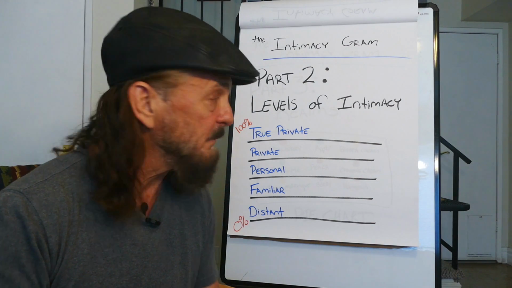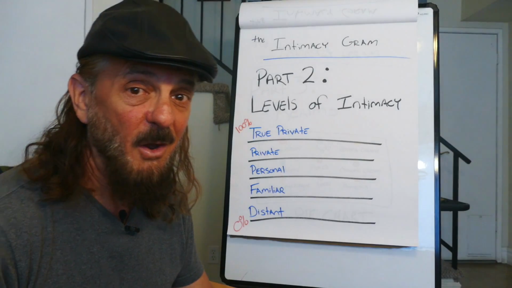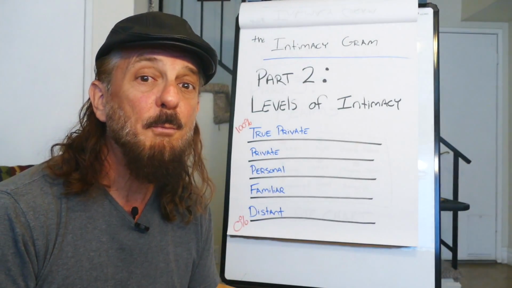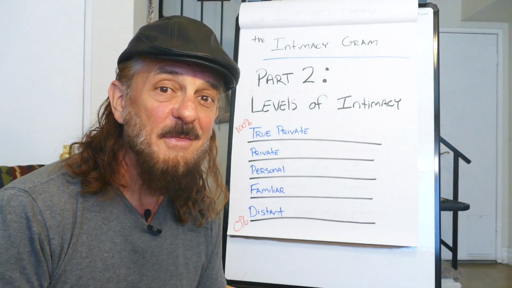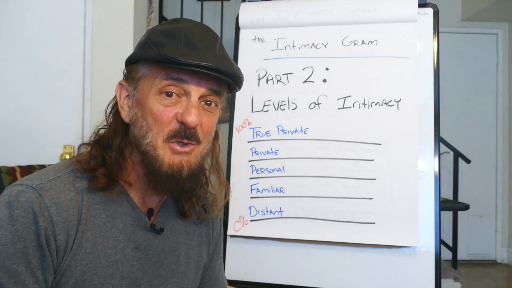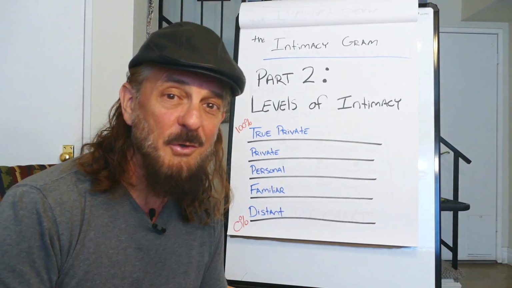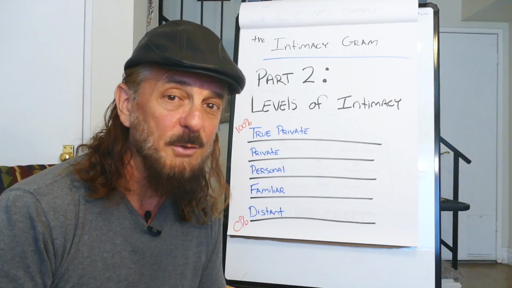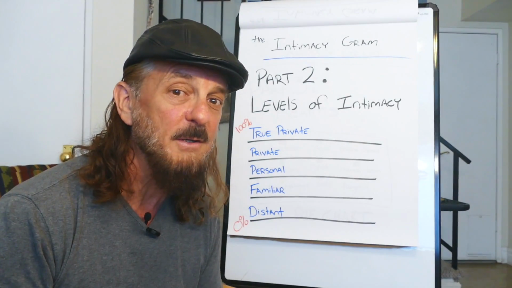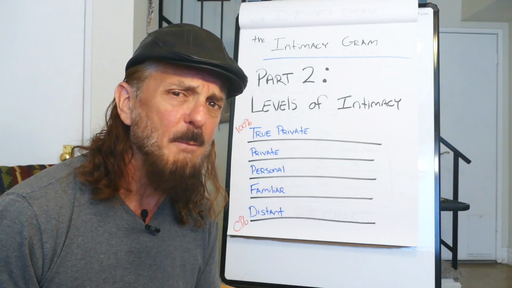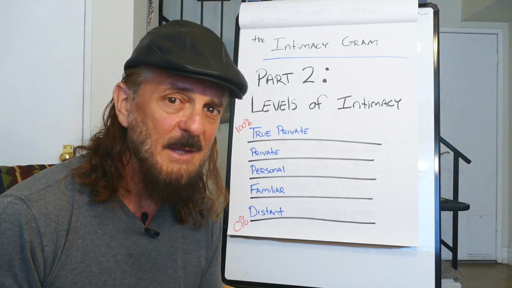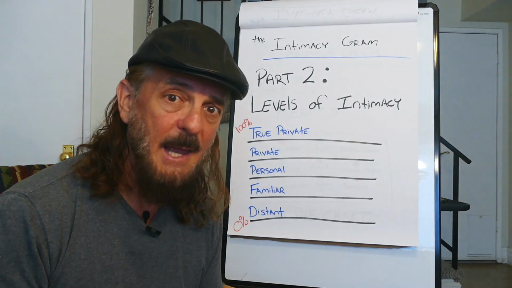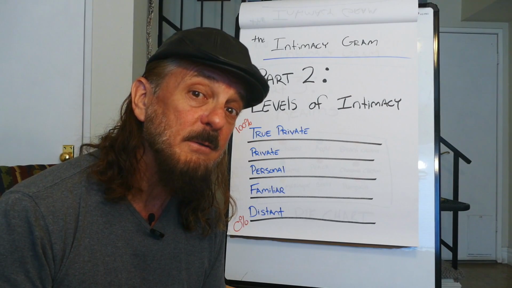The first level, the top level, is the true private level. This is where we put our spirituality. This is where we put our relationships that we hold so dear to our heart, but they're almost on a spiritual level. These are the relationships that we have with our higher power.